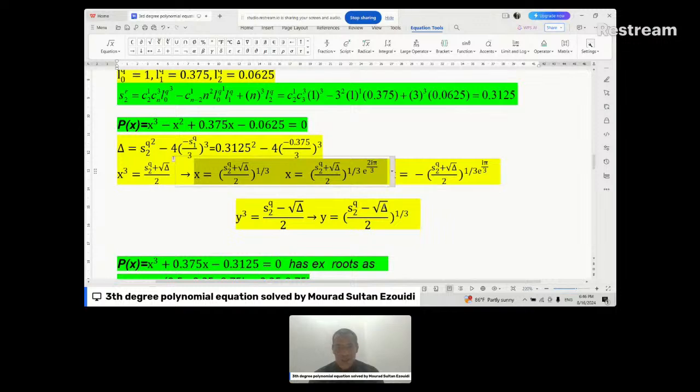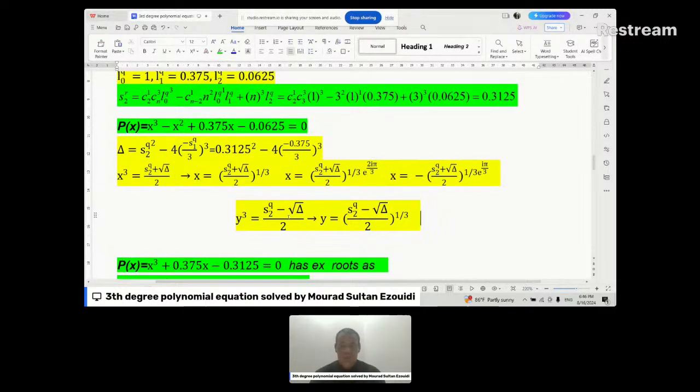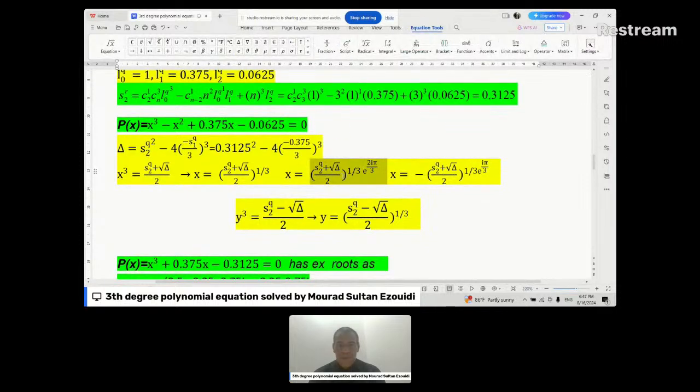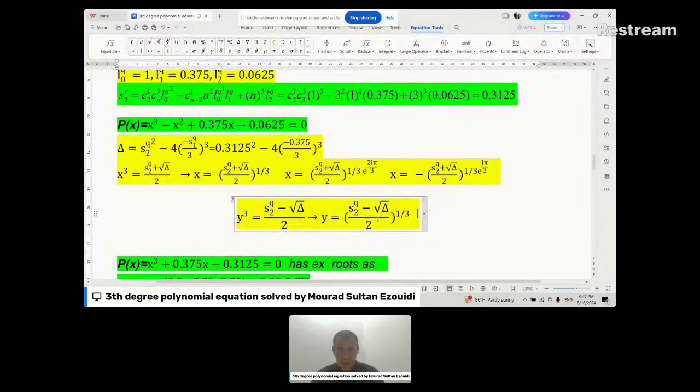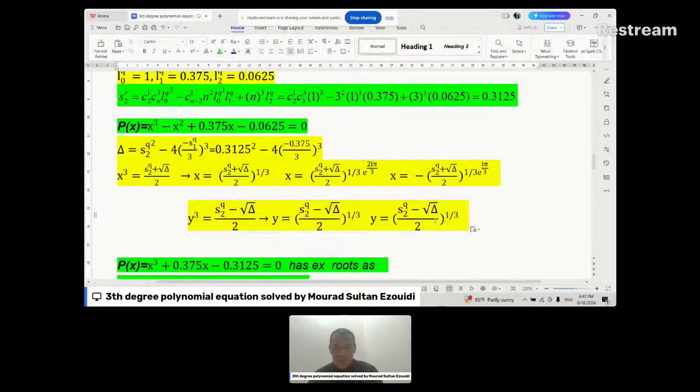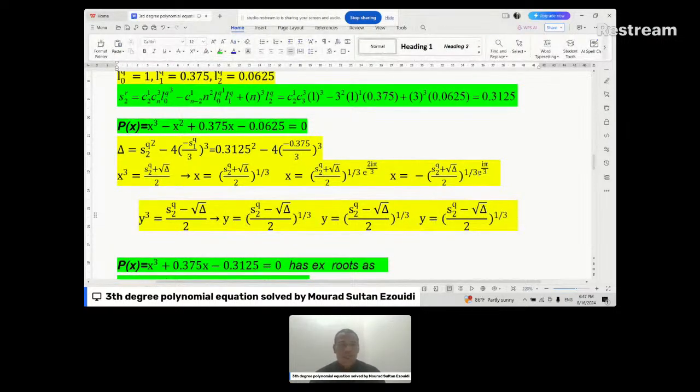Now I will find the roots for y cubed equals minus q over 2 minus the root of delta divided by 2. I'll just replace this here. So now y can be equal to, we said, okay, I'm going to take this only.